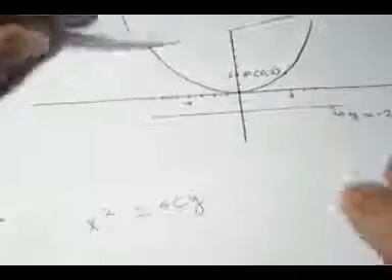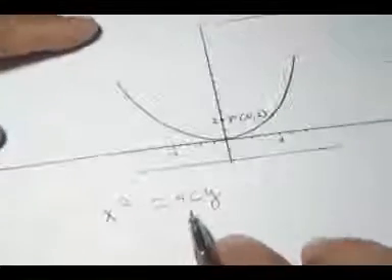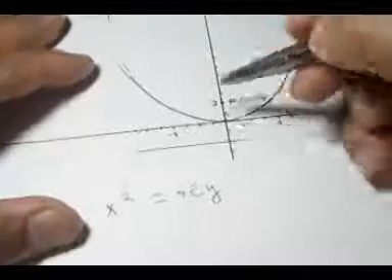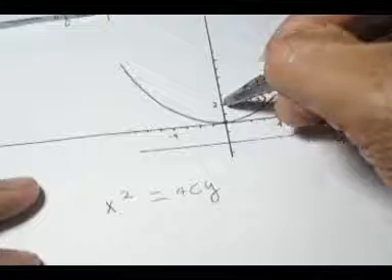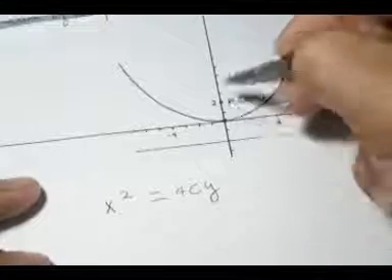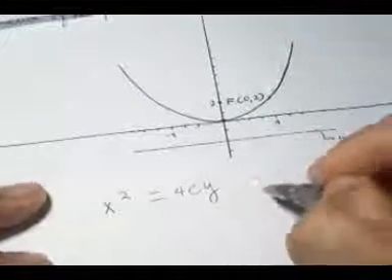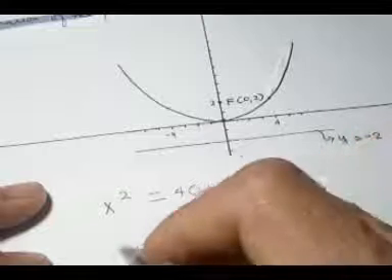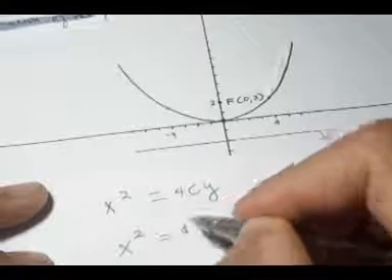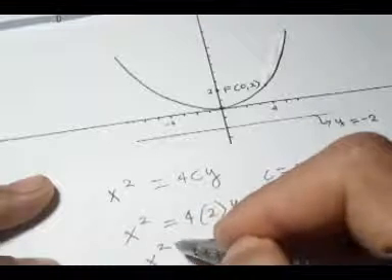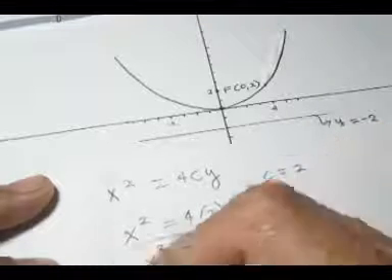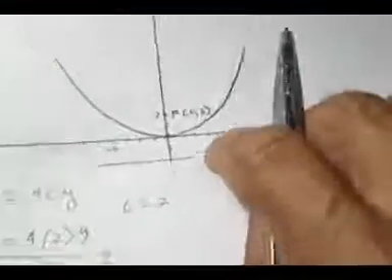Next we have to determine c. C is the distance from the vertex at the origin to the focus, which is equal to 2. So c is 2. Substitute: x squared equals 4 times 2y, x squared equals 8y. So this is the equation in standard form.